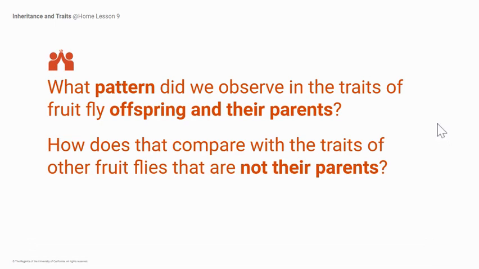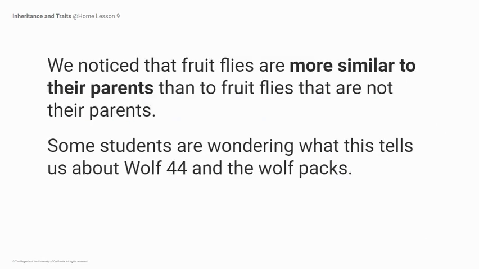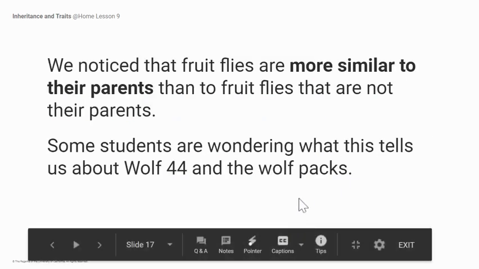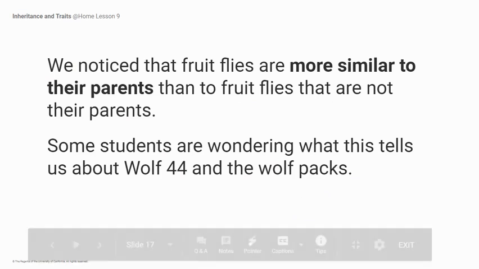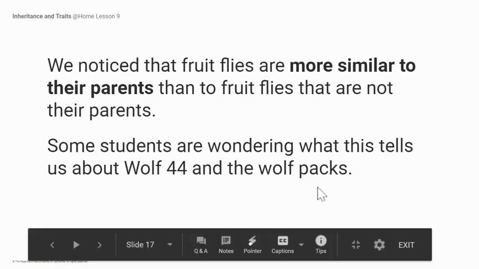We compared offspring one in family three to family four. We notice that fruit flies are more similar to their parents than to fruit flies that are not their parents. They have some similarities across the species, right? They have a similar shape, mostly have wings, they have eyes, they have a lot of the same parts, but they're not entirely the same.